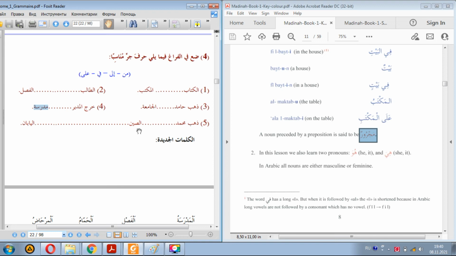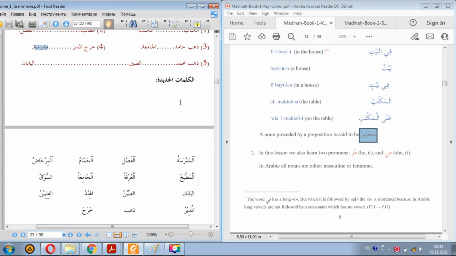Muhammad went to الصين from Japan. Therefore ذهب محمد إلى الصين من اليابان.